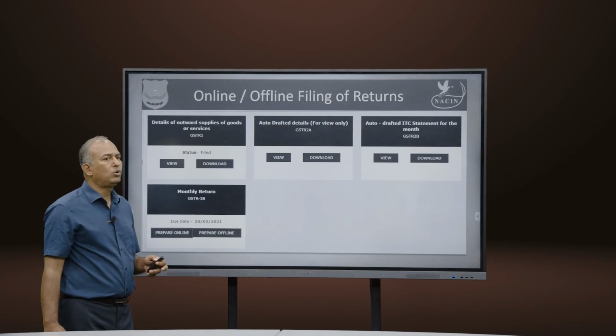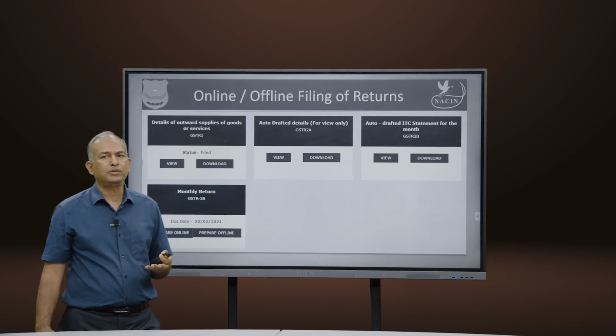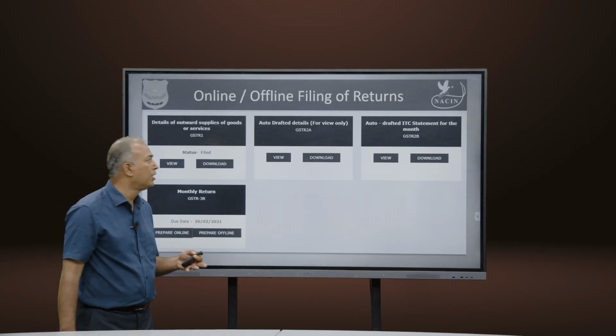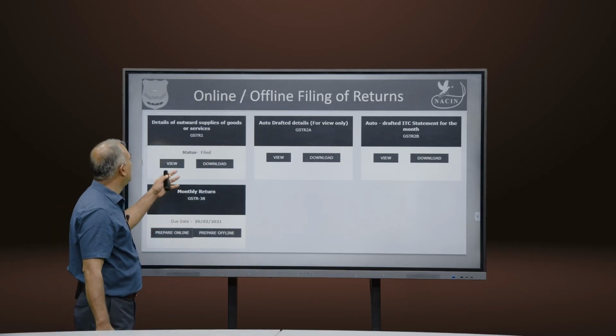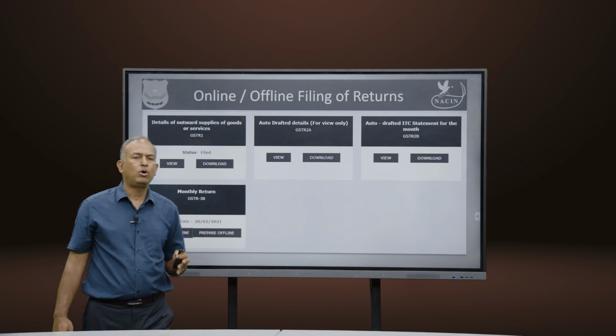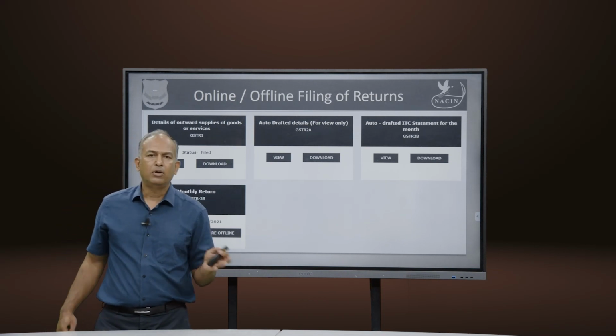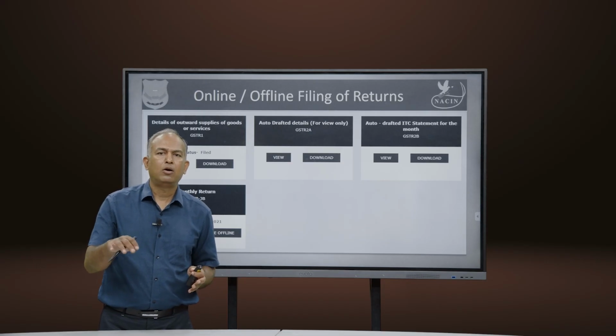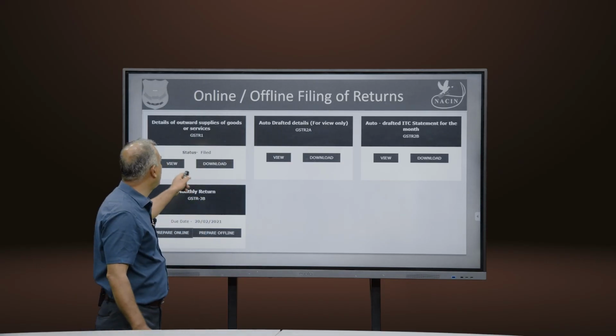Now there are two ways in which a GSTR1 or a GSTR3B can be filed. This is how the screen looks. The taxpayer has the option to either file it online or offline. What do you mean by online or offline? Here I'm not able to show it because it has already been filed.